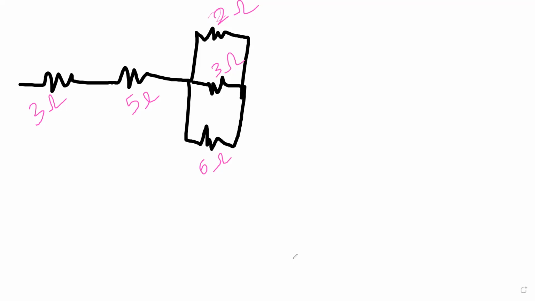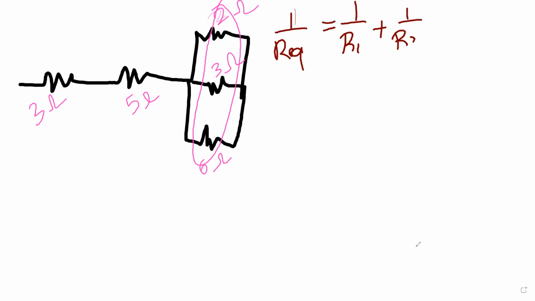So 2 and 3 and 6, these 3 resistors, I want to write them as what equivalent? Since they are in parallel, we remember that to find the R equivalent, you have to say 1 over R equivalent is 1 over R1 plus 1 over R2 plus 1 over R3. Then R1 here is 2, R2 is 3, and R3 is 6.